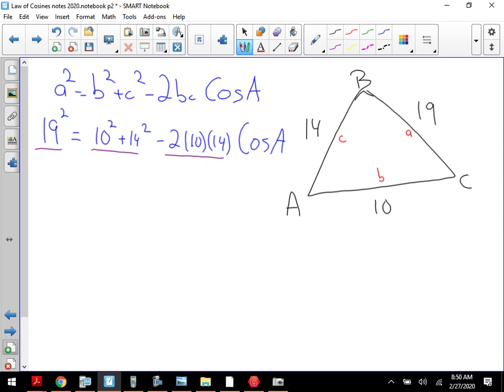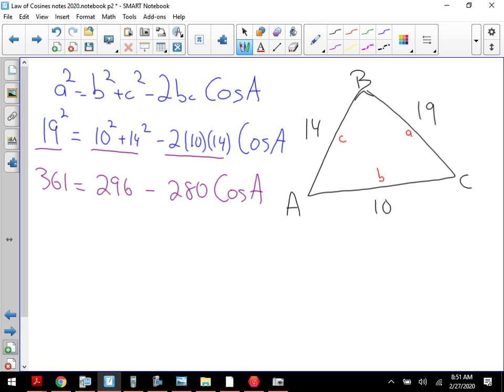Very good. 361. 10 squared plus 14 squared is 296, and then it's minus 280. Okay. Now you're in a 3-step. What do you have to move first? Not divide.